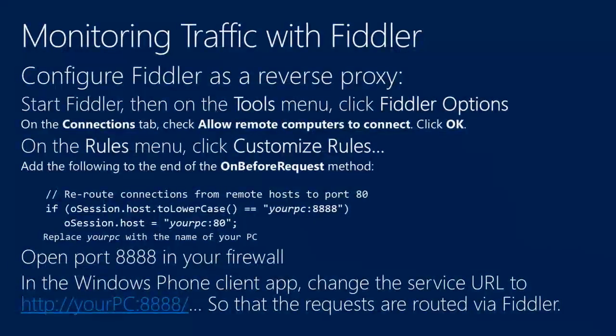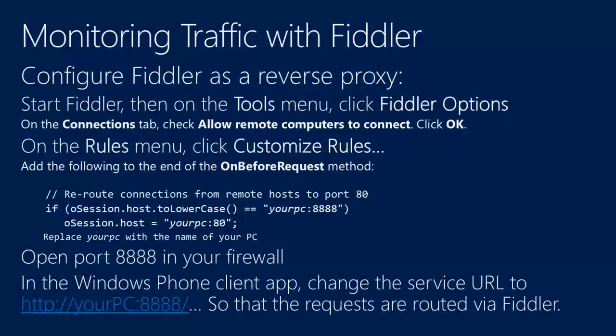So in order to make that happen, first of all, you need to go onto the Connections tab, allow remote computers to connect. That's one thing. And then on the Rules menu, you need to go and add this redirect clause to the end of a method called OnBeforeRequest. So OnBeforeRequest executes every time Fiddler intercepts a request. So what it's looking for is anything that's been sent to the PC on port, in this case, 8888, and it reroutes that to port 80.